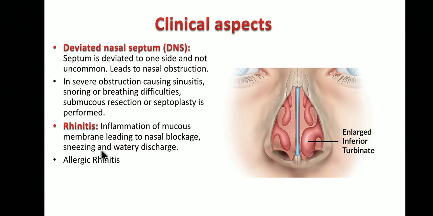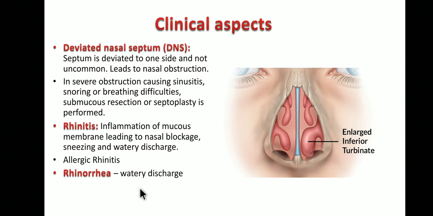Rhinitis might be due to virus infections or allergic rhinitis. Certain people are allergic, so when they are exposed to dust, pollens and cold climate, all these might bring about allergic rhinitis. So rhinorrhea is the discharge we commonly call the watery discharge, the running nose.